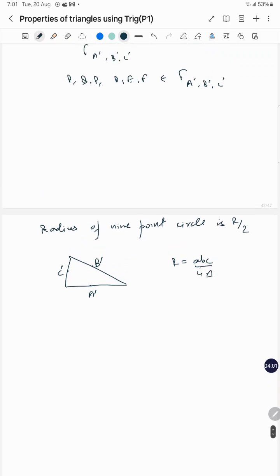The respective sides will be half of A, B and C, and the angles are also the same. So this can be shown that the radius of the 9-point circle is R by 2.